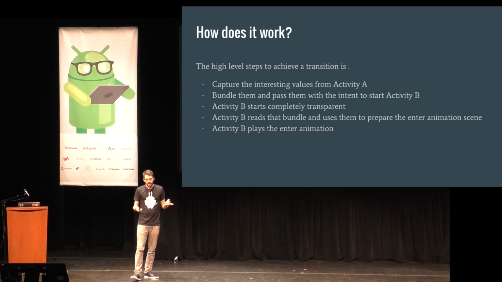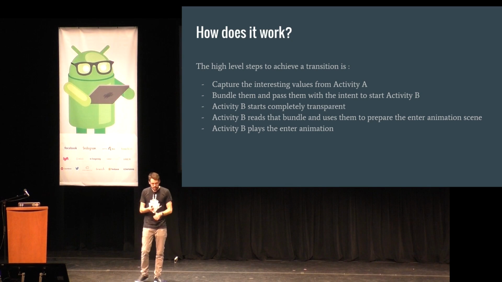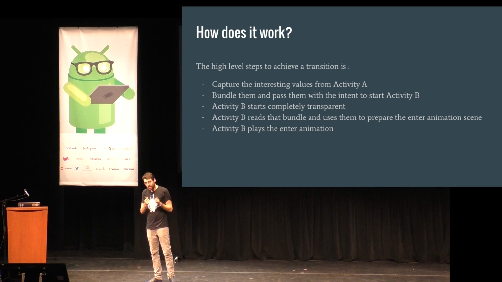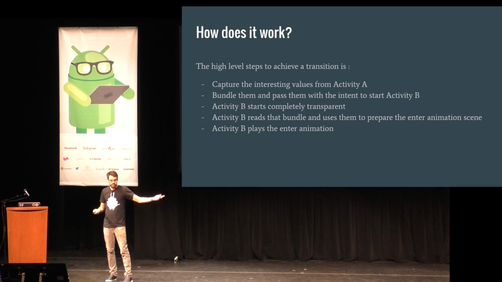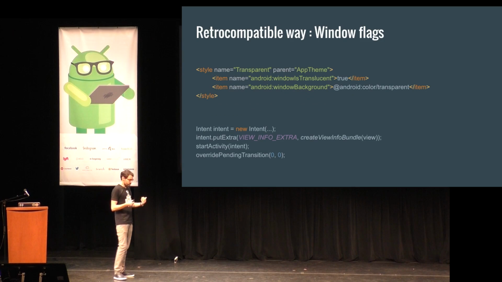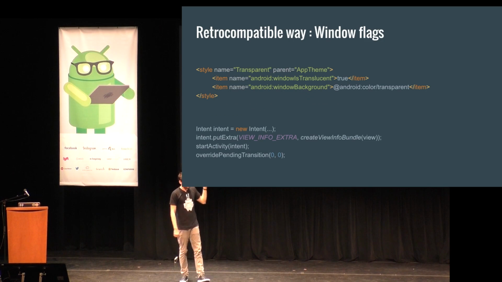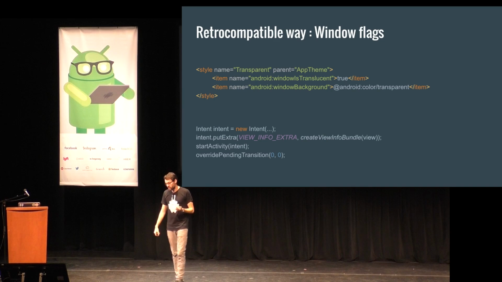So if you think about it, we have all the tools to do this. We can pass information to the second activity via an intent. We can have transparent activities. That's been there forever. And playing animation with the ViewPropertyAnimator API is really easy. So let's do it. The first thing I did is make my second activity translucent.